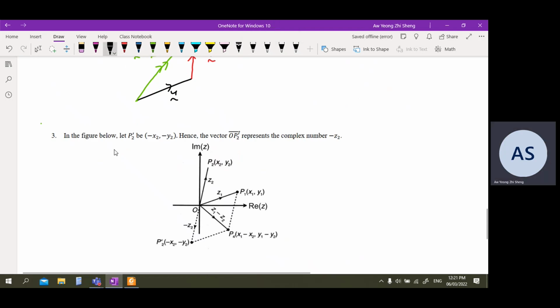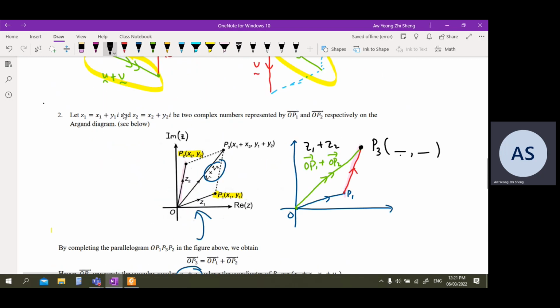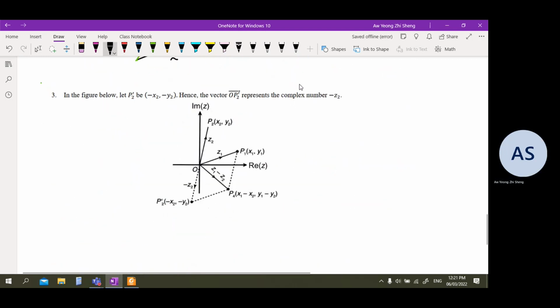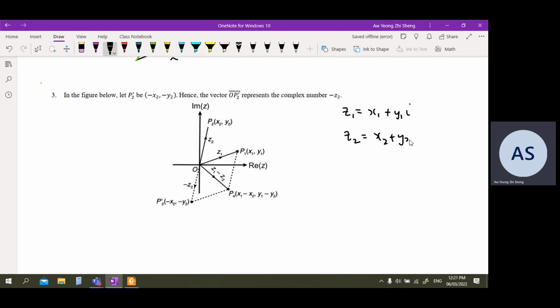So in point number 3, it's actually referring to the same example as in point number 2 just now. Okay, so earlier they set z1 to be x1 plus y1i, z2 to be x2 plus y2i. So negative z2 would be negative x2 minus y2i.